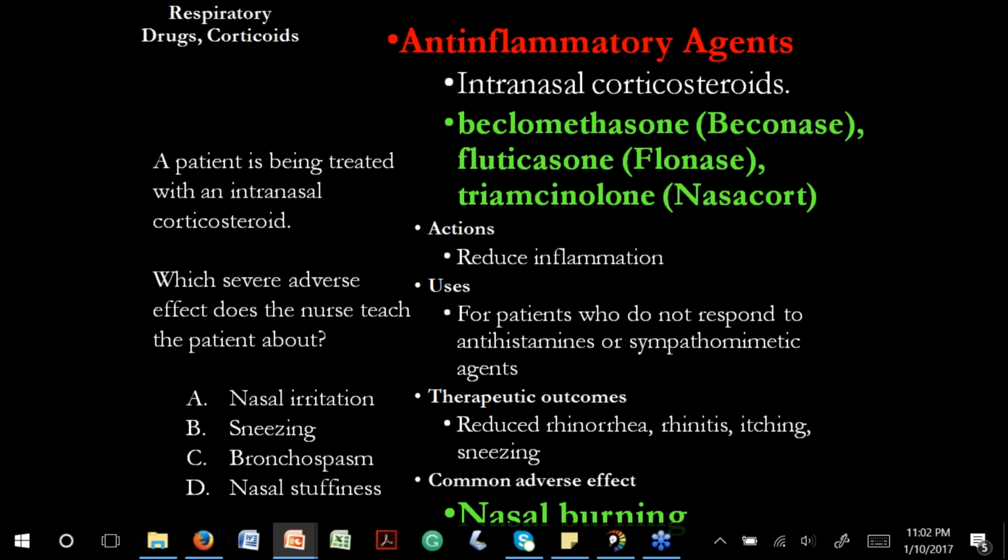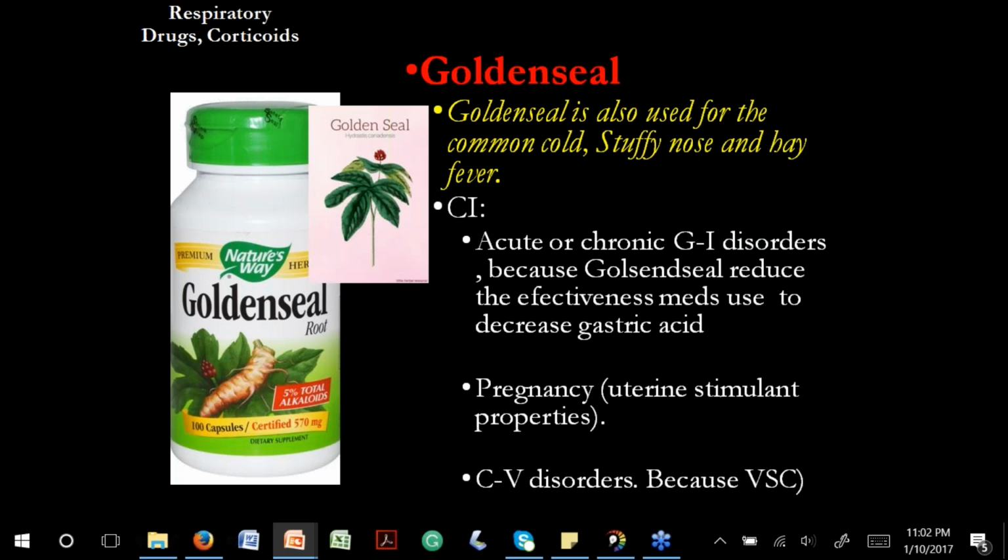Anti-inflammatory, we have, that is, for example, when we are going to use it for what? For asthma, etc. Asthma, atelectasis, COPD, etc. So anti-inflammatories, corticoids, they can lead into nasal burning. All right, so golden seal, the golden seal.